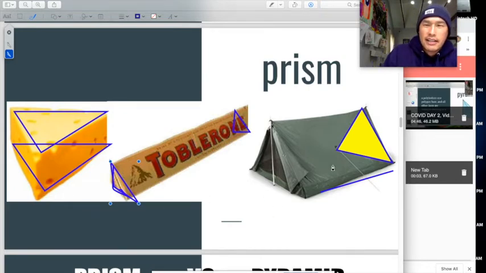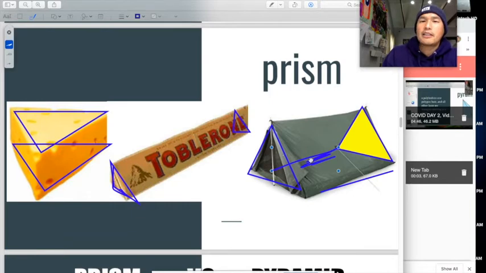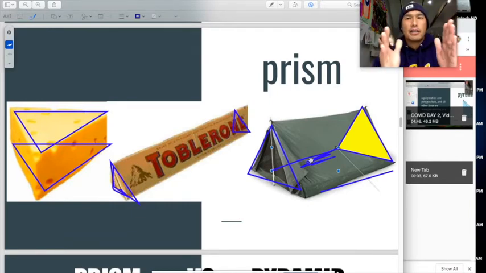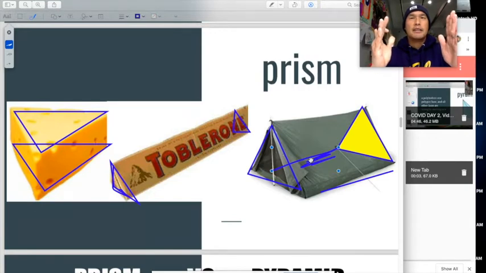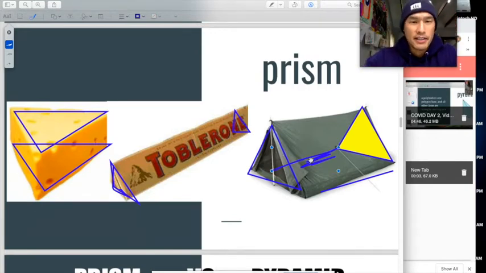This tent is laying on its side, so there's one of the polygon bases on the back side, and then on the front, here's the other triangle that makes up a base of this prism, and these two are exactly the same. So you have two identical bases. They can be top to bottom. They can sometimes be side to side, but they have to be exactly the same. And in this case, we have examples where the triangles are the bases, and those two triangles are exactly the same.